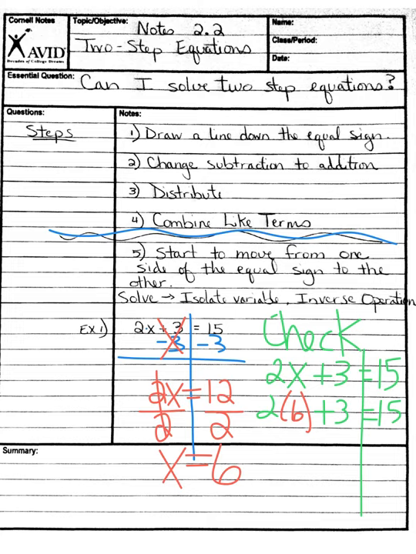So multiplication is before addition. So we are going to multiply and get 12 plus 3. And does 12 plus 3 equal 15? Yes. Check, it works. So you got the correct answer. And again, I cannot stress enough, you can check every single one of your problems.